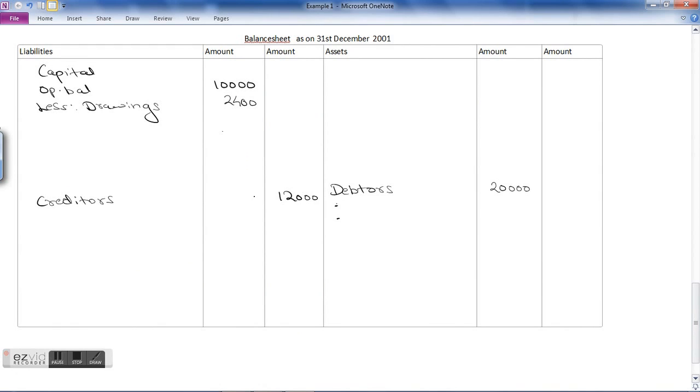Less provision for bad debts. How much is it? 600 as per your trial balance, and we have one line here for some adjustment of provision for bad debts. Let's see what it is later.